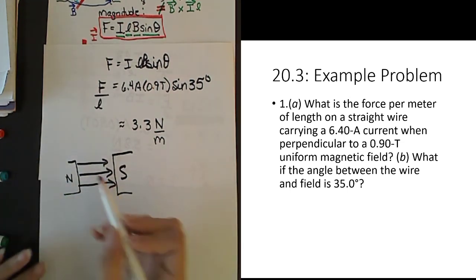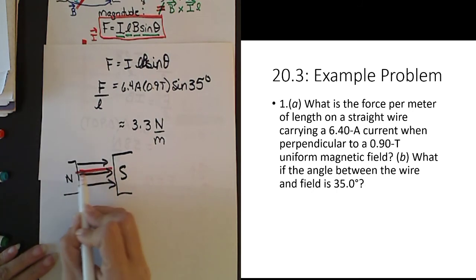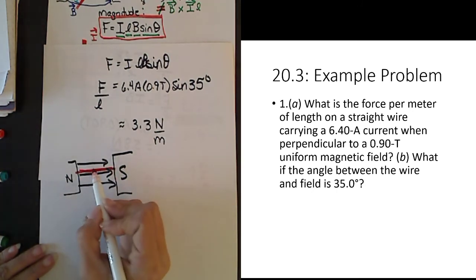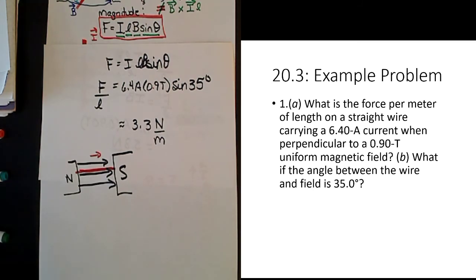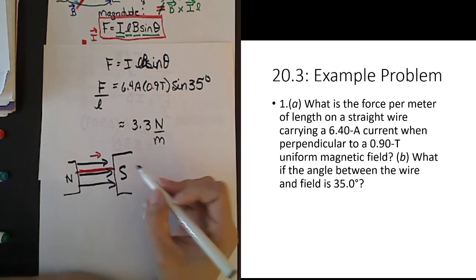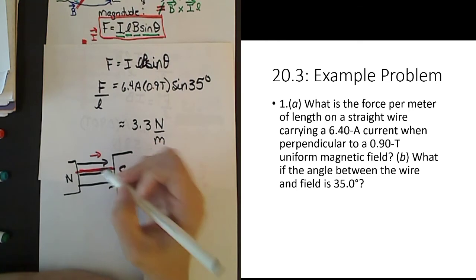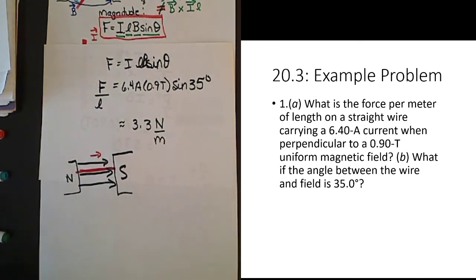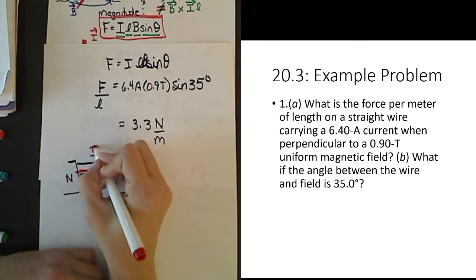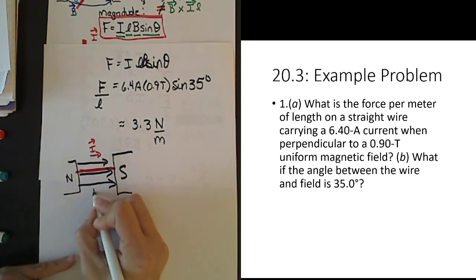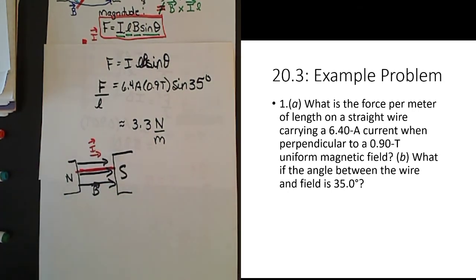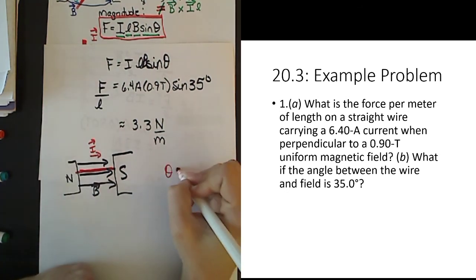And we have a wire here. Say it's going to the right. Okay, so if the current is parallel to the magnetic field, then our angle theta equals 0.